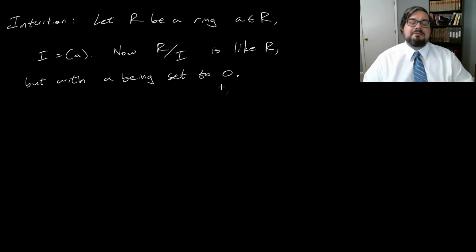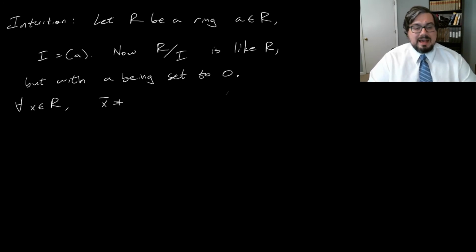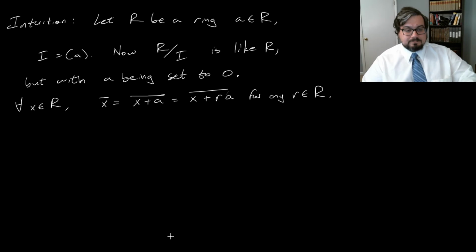We're going to collapse everything down, and in particular, that means that in addition, for any x in R, we have that the equivalence class of x is equal to the equivalence class of x plus A, or indeed the equivalence class of x plus rA for any little r in R.